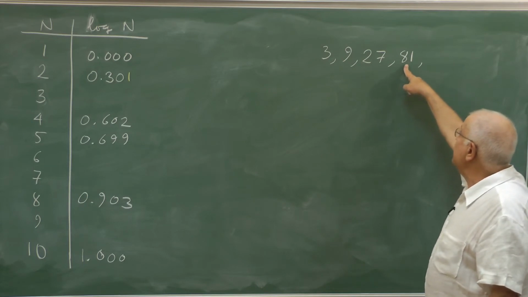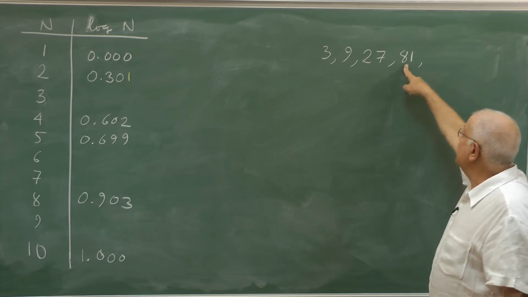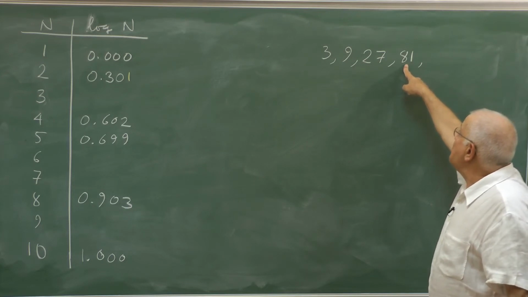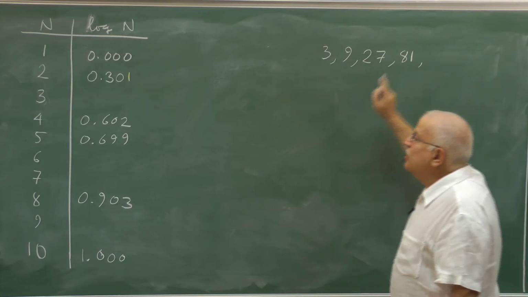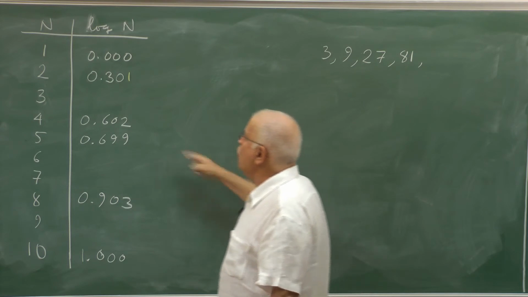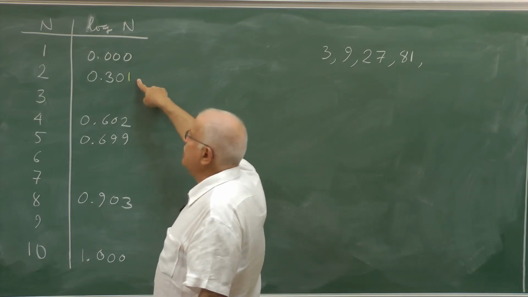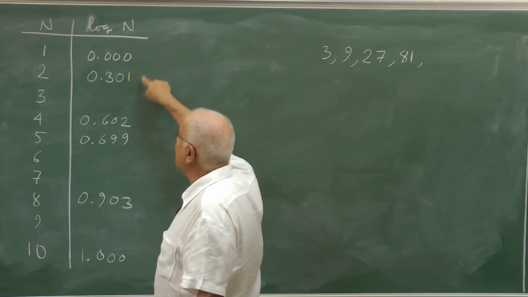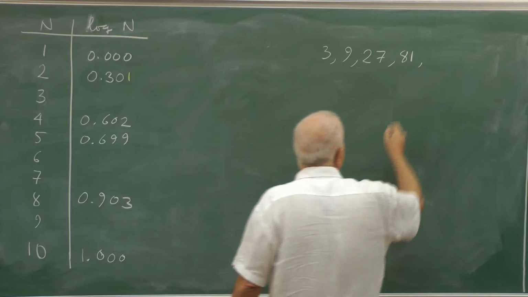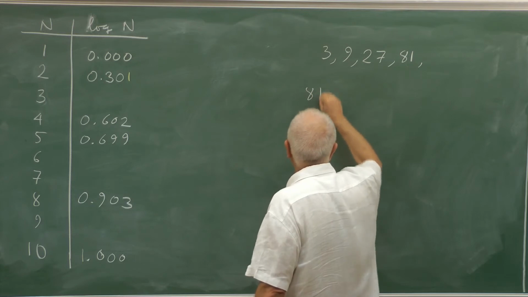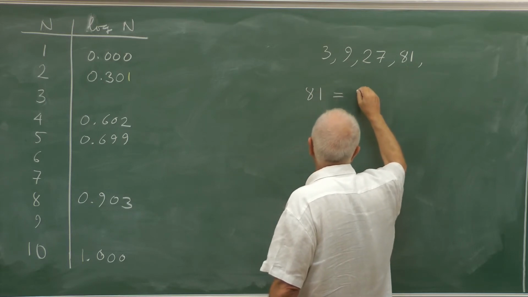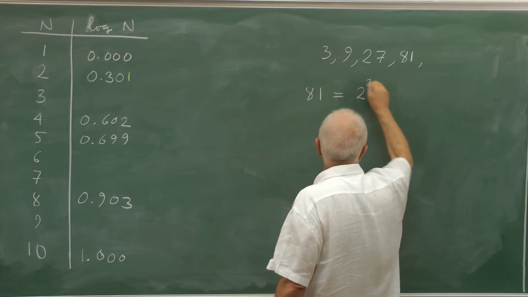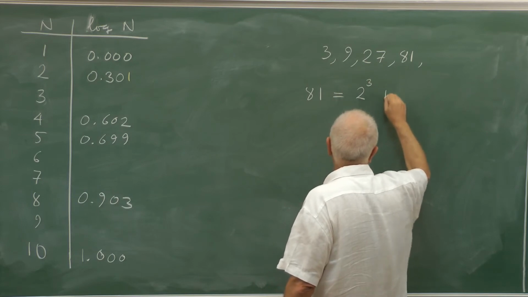Then when I look at 81, I realize that 81 is something I know because 81, which is basically 80, is 2 to the 3 times 10. So 81 is approximately 2 to the 3 times 10.